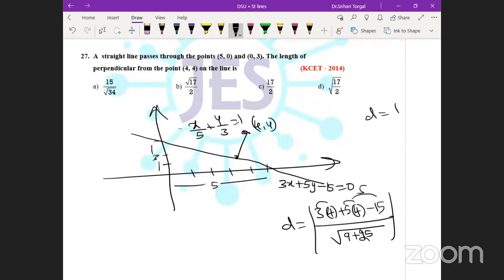D is equal to 17 divided by root 34, which is 17 divided by root 17 into root 2. Root 17 by root 2 is the answer.